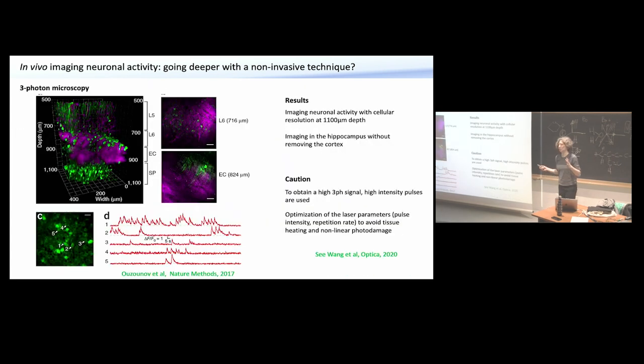So I think 3-photon imaging can bring something to this imaging of the hippocampus or other brain regions that are a bit at the same depth. But as a word of caution, and also to answer to Alessia, you need to optimize your pulse. If you increase too much the average intensity of the laser, then you burn the sample, you put too much light and it's going to heat.